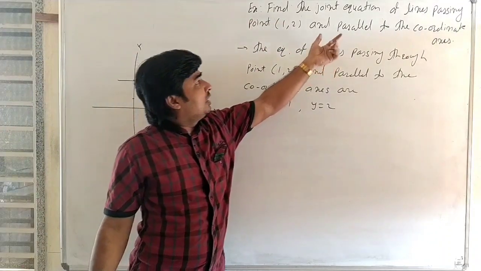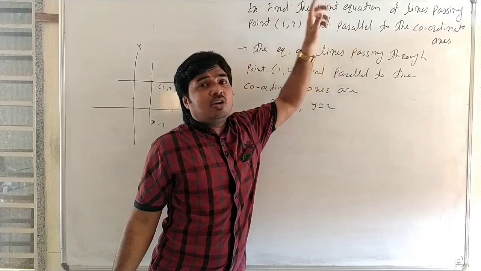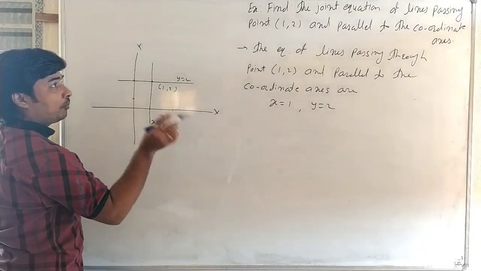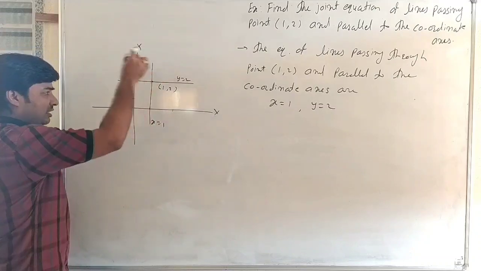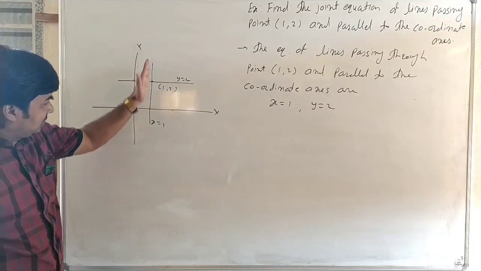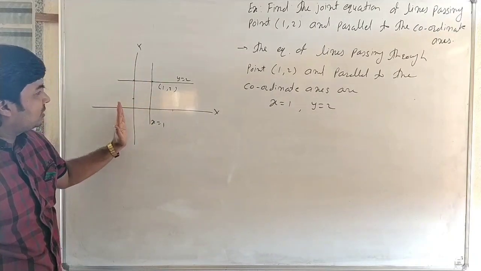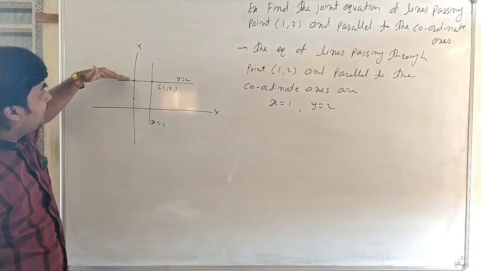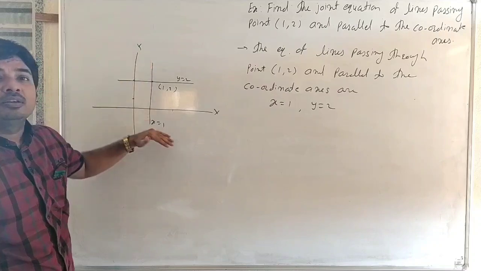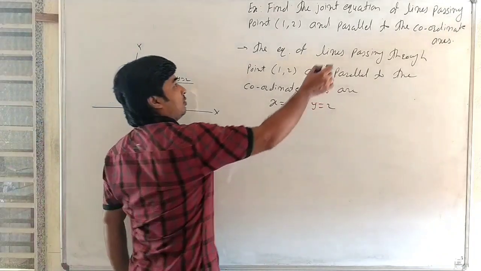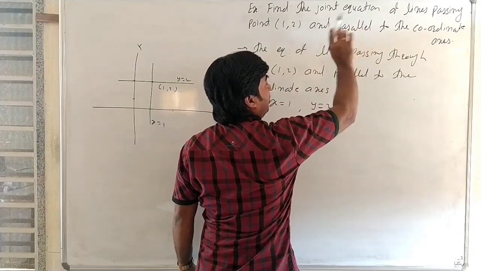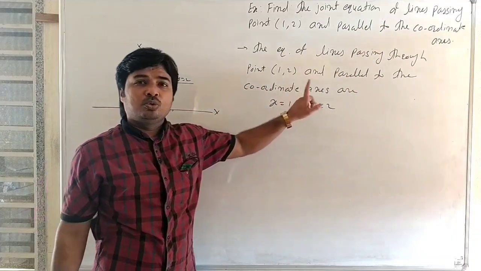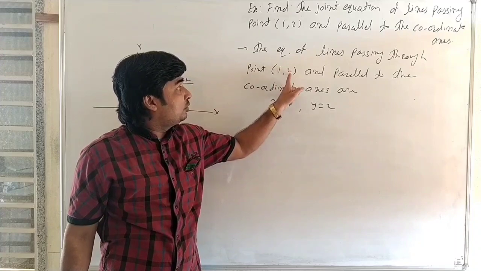Here in the question, we may be asked for parallel or perpendicular. When the question asks for lines perpendicular to the coordinate axis, the concept is the same. A line parallel to the y-axis is perpendicular to the x-axis, and a line perpendicular to the y-axis is parallel to the x-axis. Therefore, whether the word is parallel or perpendicular, the equations are the same: x = 1 and y = 2.